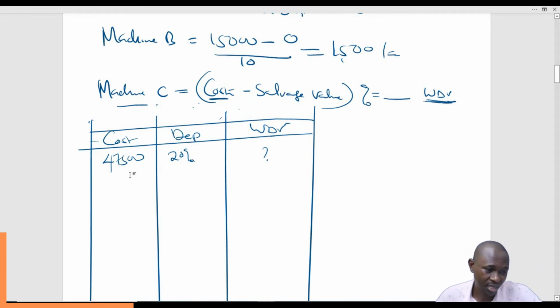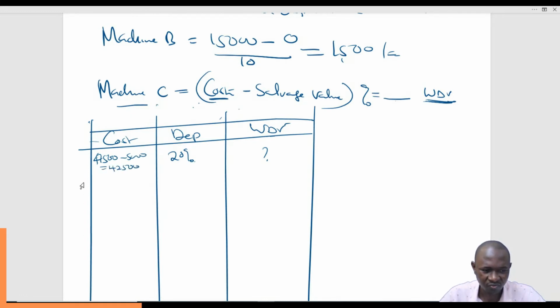But there's something here: we are working using the reducing balance method, but it has what we call the salvage value, the residual value. At the end of this asset's useful life, we'll still have some asset value of 5,000 shillings. So we'll simply take the 47,500 cost minus the salvage value, which is 5,000, and this will give us 42,500.